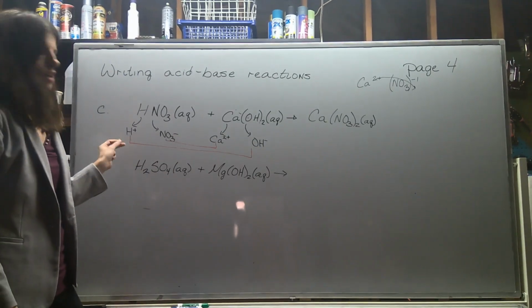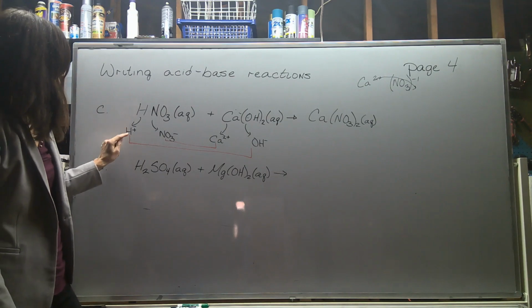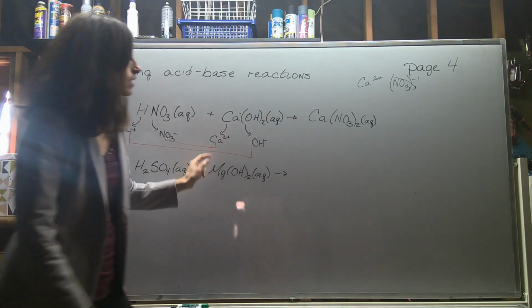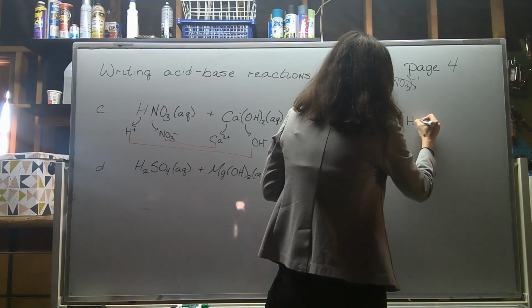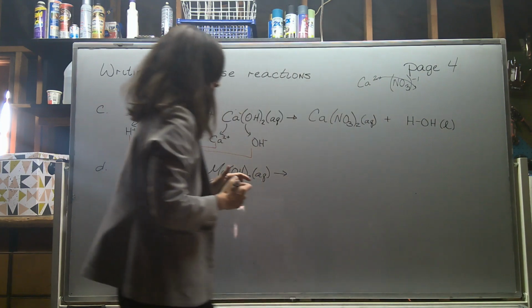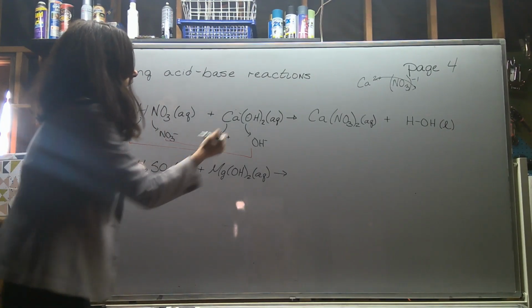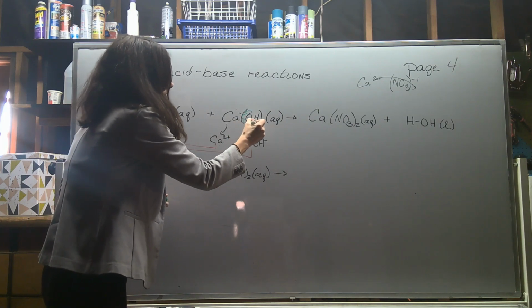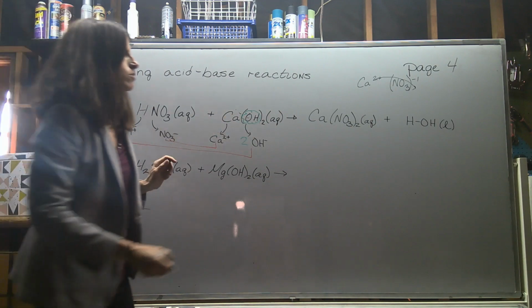Want to show you a little trick here. These get difficult to balance. So for the time being, I'm going to keep the water as HOH. And that's going to help me with balancing. There's this hydroxide here, and there's 2 of them because of that subscript of 2.